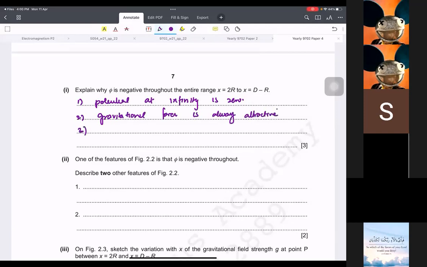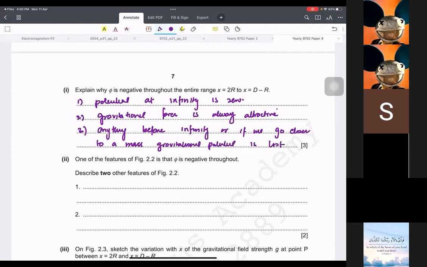Third mark, anything before infinity, or if we go closer to a mass, gravitational potential is lost, right? So it means it loses or becomes negative, or whatever you want to write.